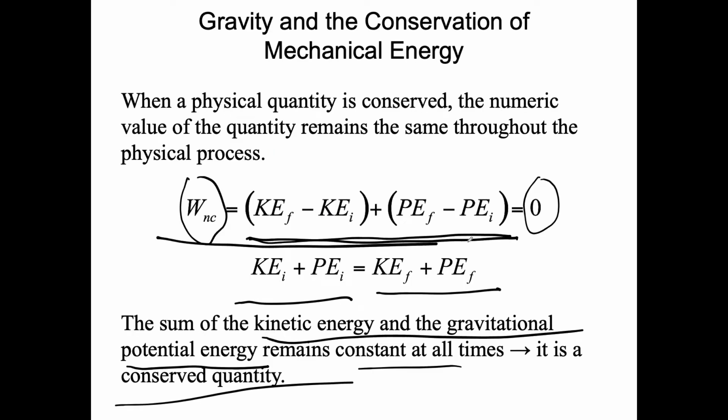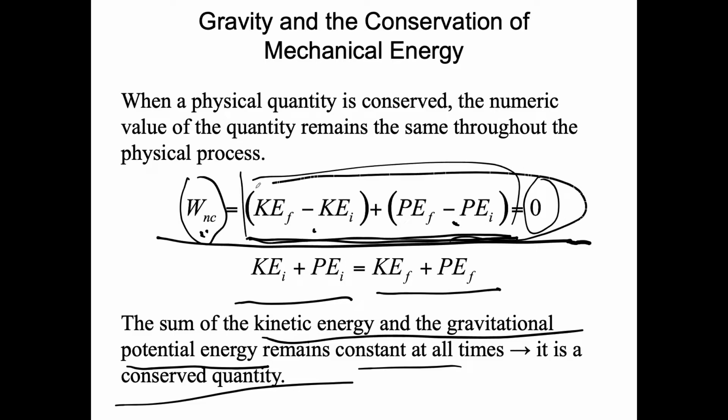It's coming from this: the work done by non-conservative force equals the change of kinetic energy plus the change of potential energy, as we discussed. Now, if the work done by non-conservative force is 0, then this has to add up to 0. We keep the final kinetic and potential energy on this side and move the initial kinetic and potential energy to the other side, so we arrive at this conclusion: final mechanical energy equals initial mechanical energy.